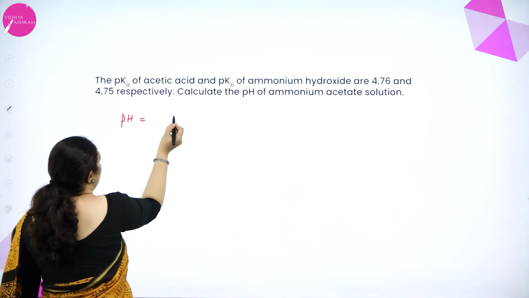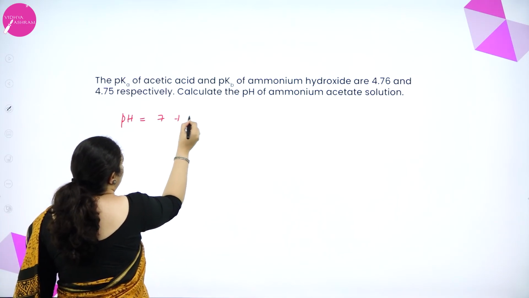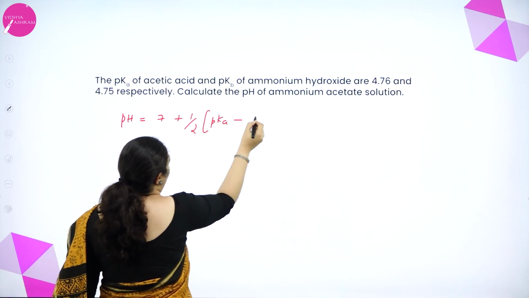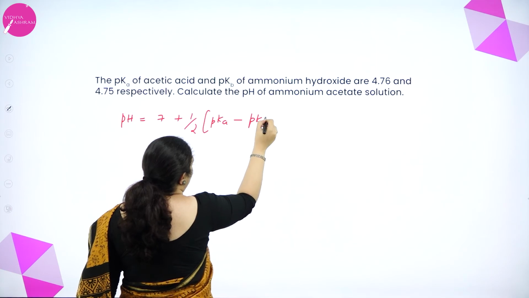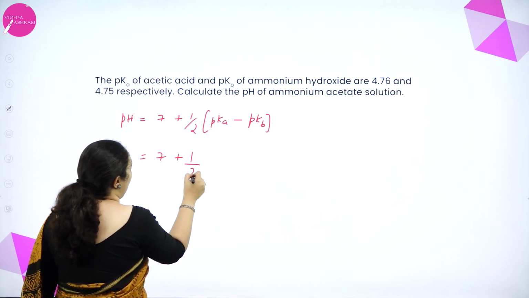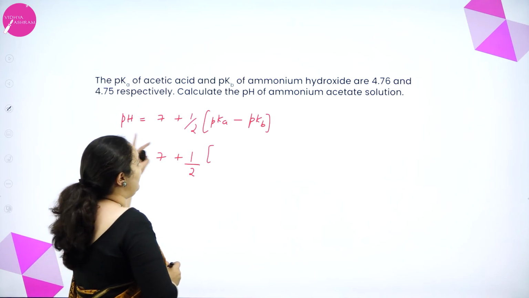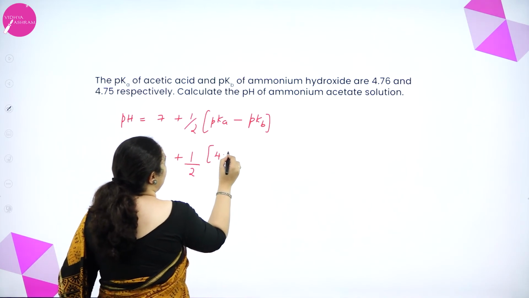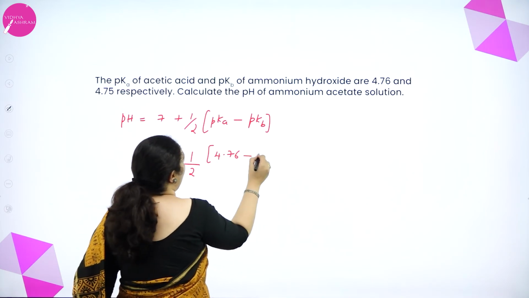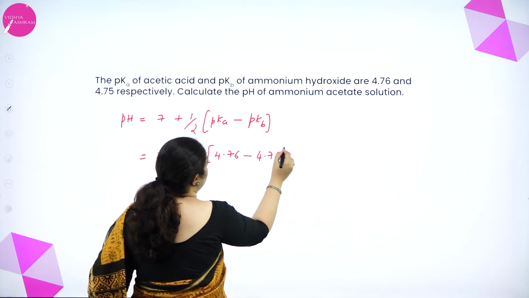pH is equal to 7 plus half into pKa minus pKb. Okay. So, 7 plus half, pKa value is 4.76 minus pKb value is 4.75.